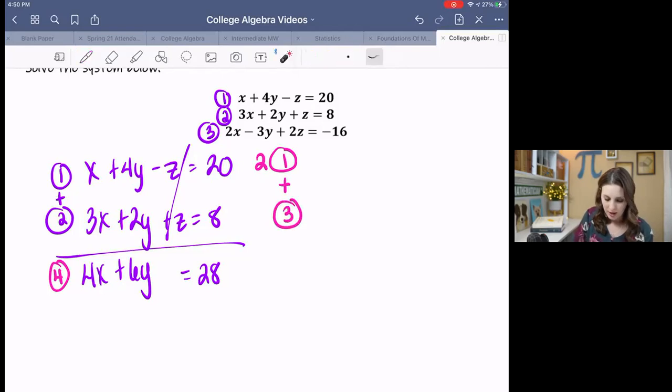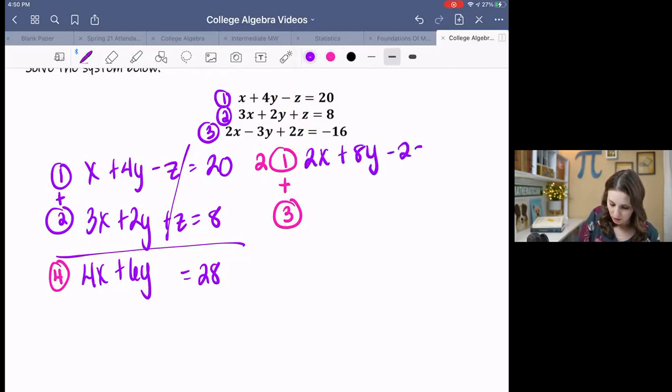The reason I did that is because I noticed that these had opposite signs, but this needs a 2 for it to be eliminated, which means I'm going to have to multiply the whole equation by 2. I've got 2x plus 8y minus 2z equals 40. And then I'm going to leave equation 3 alone.